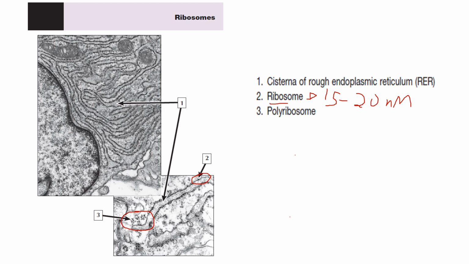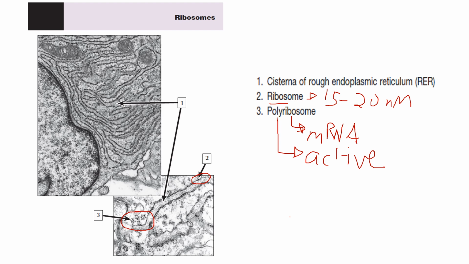And polyribosomes consist of several ribosomes arranged along a thread of messenger RNA or mRNA. Single ribosomes are inactive, whereas polyribosomes are the ones that are active in protein synthesis, where they assemble specific amino acids into polypeptides.